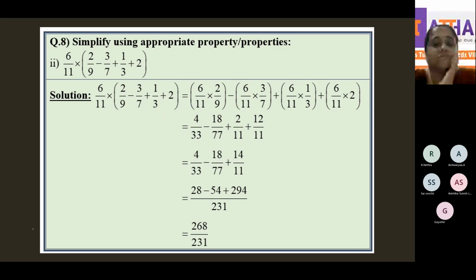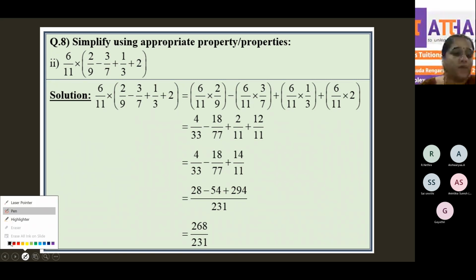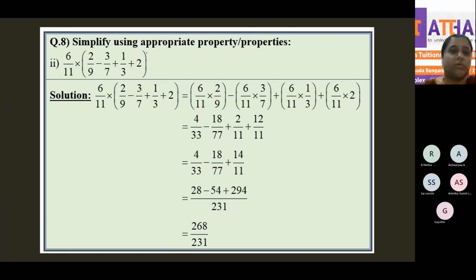This is the next one, children. I think this is pretty straightforward. You can help yourself. Yeah, I need to tell you something here. Whenever you use the property, you must use it both ways.